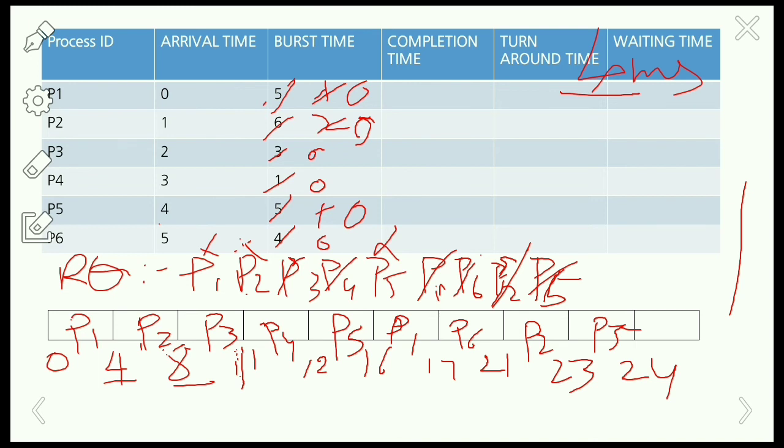For P1 we have to take the final value, that is 17. Don't take the 4 value for P1.